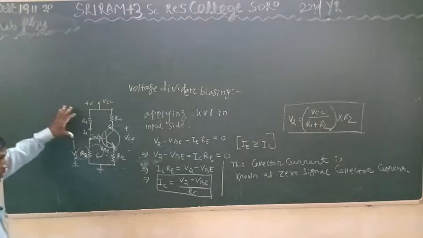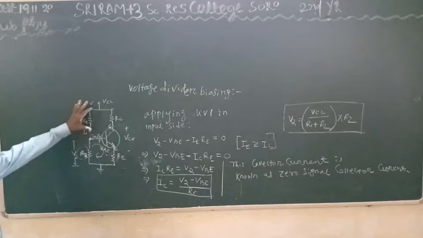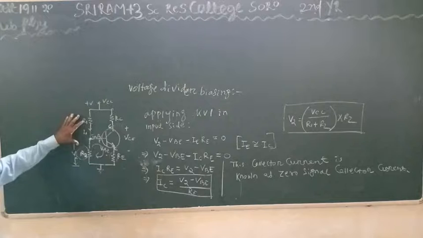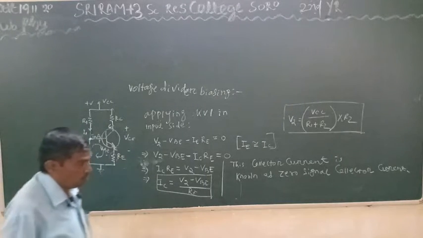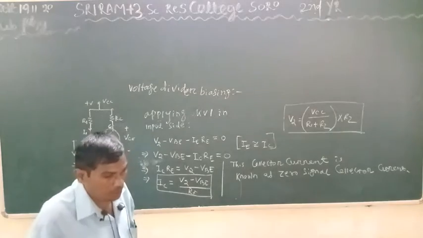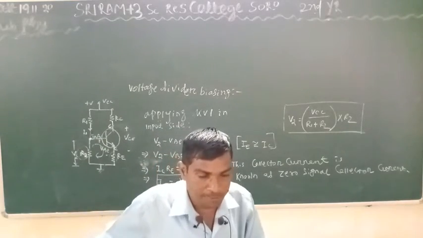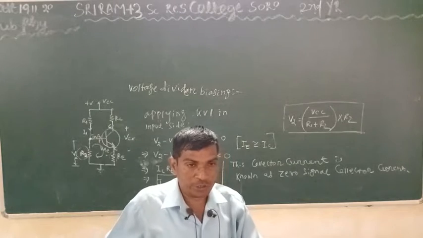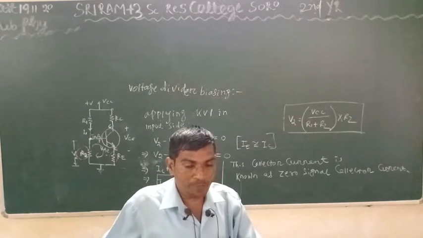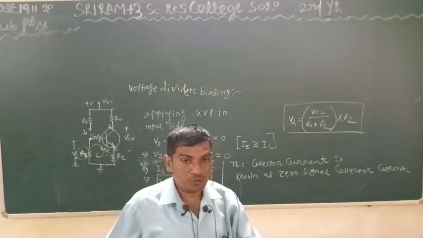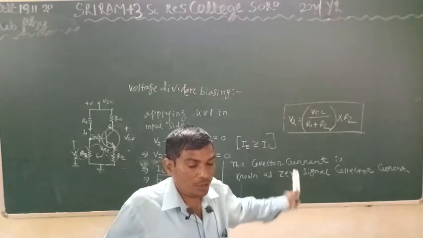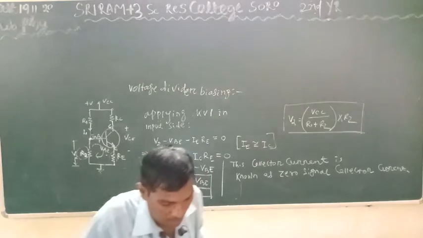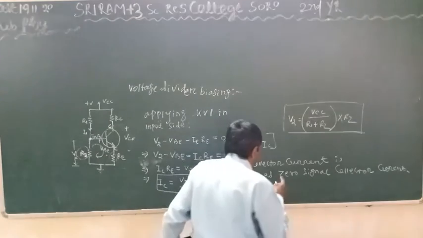What is the meaning of zero signal collector current? It means in the biasing model we have no signal put in the input terminal, that is the base terminal, so it is also known as zero signal collector current. But in the definition of biasing, the proper flow of zero signal collector current and maintaining proper VB and VC is also known as biasing of a transistor. Here the collector current IC is the zero signal collector current.